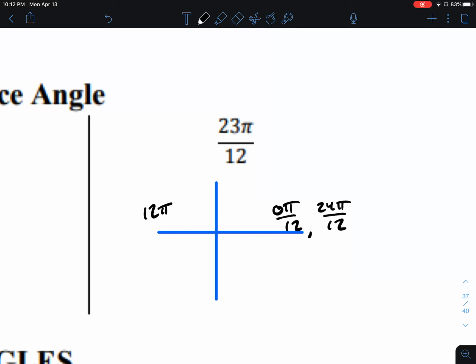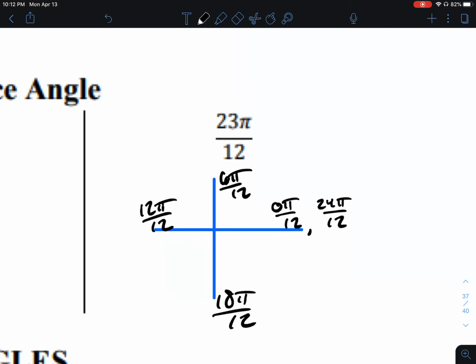Halfway around will be 12 pi over 12. Halfway between 0 and 12 will be 6 pi over 12. So we got 0, 6, 12. We're going to have 18 pi over 12 down here. And then finally back to 24 pi over 12.